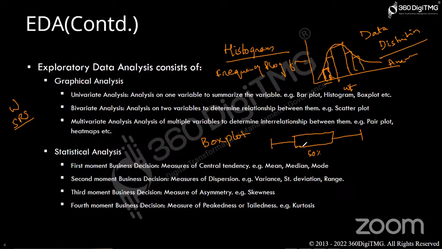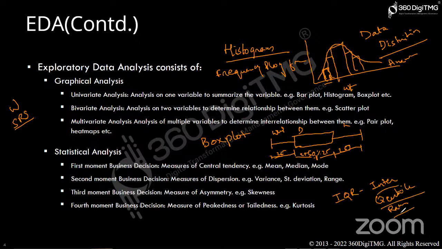Equal amounts of data are present on each side, so each quarter contains 25% of the data. This is the box, these two are known as whiskers, and the middle portion is also known as the IQR, the interquartile range.